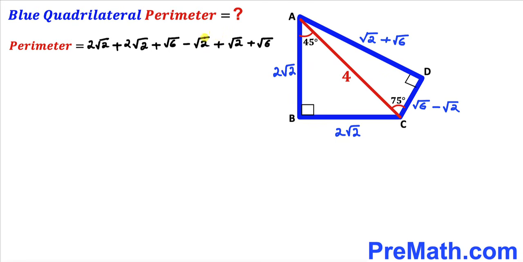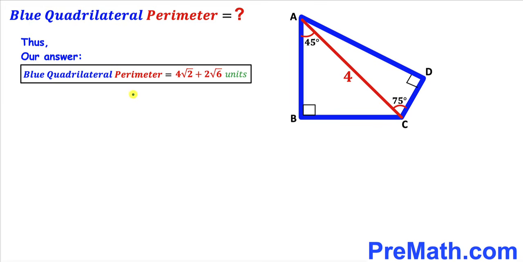And now let's make an observation. Negative square root of 2 and positive square root of 2, they are gone. And now we are going to combine these two like terms, and we are going to combine these two like terms as well. So therefore when we add, that is going to give us 4 times the square root of 2 plus 2 times the square root of 6 units, the perimeter of this blue quadrilateral.